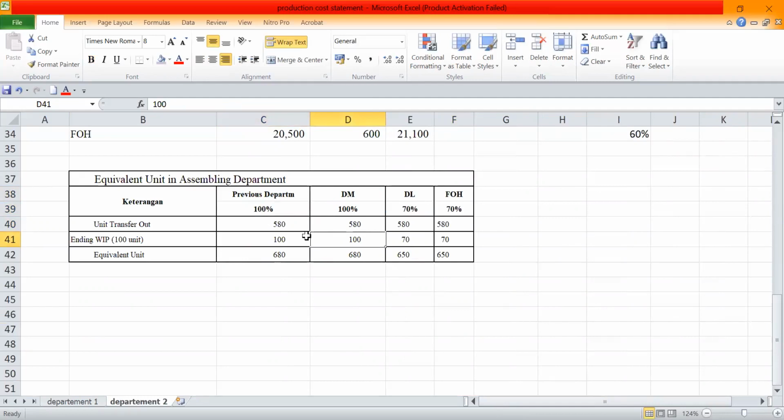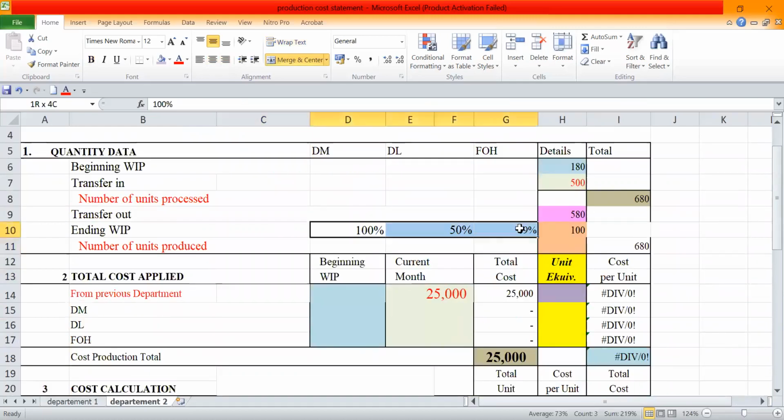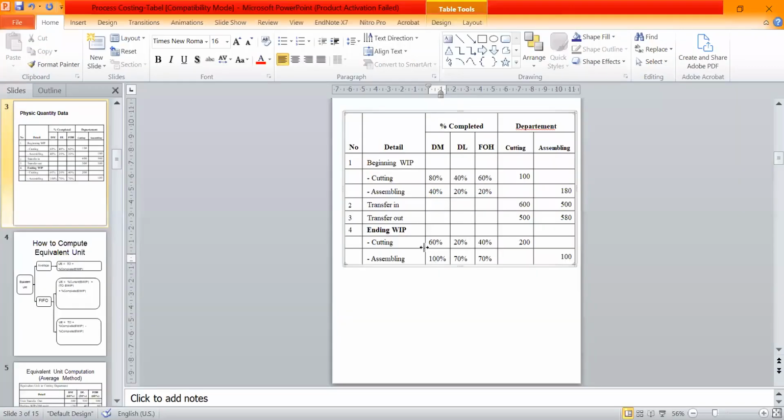For the percentage completion of direct material, direct labor, and factory overhead, we got the information. I'm sorry, maybe there is a mistake here. We go back to the one. For the ending work in process, 170.